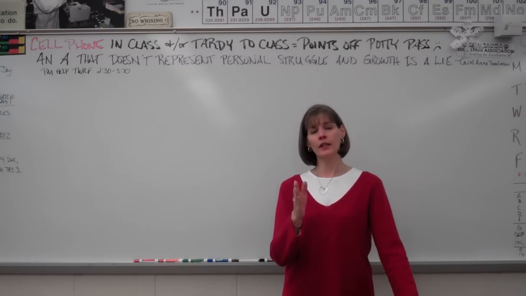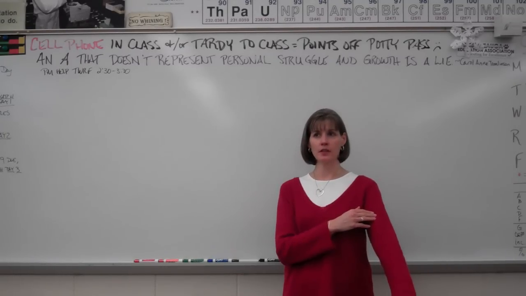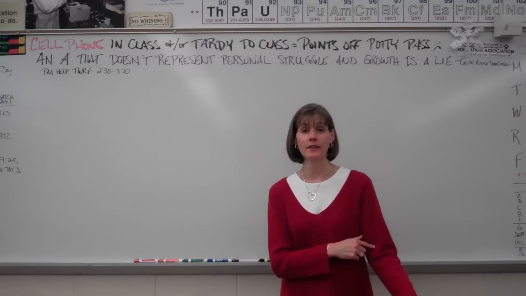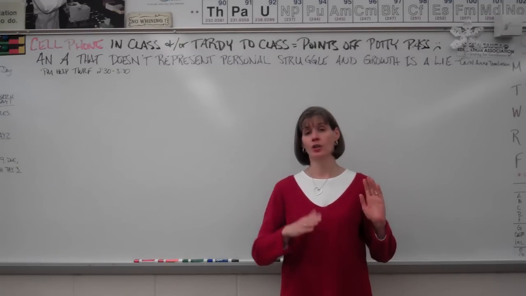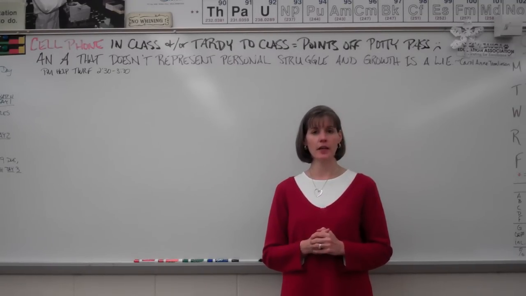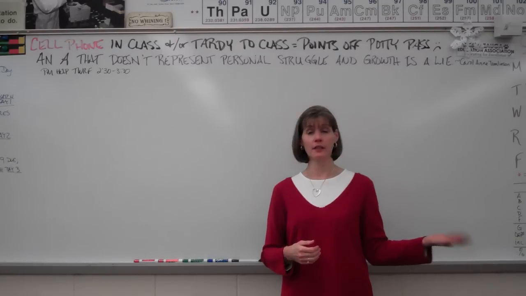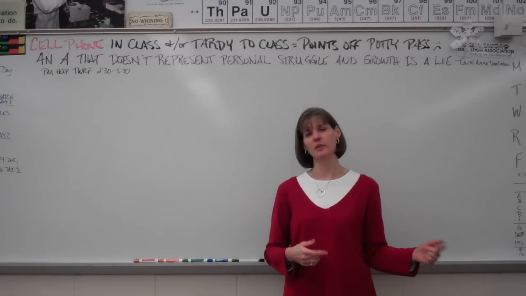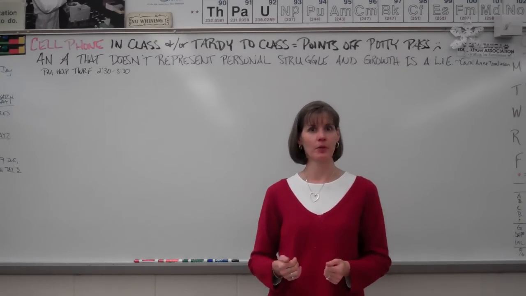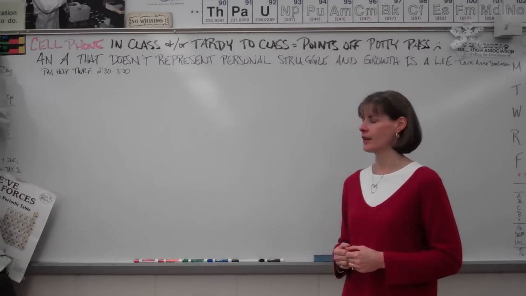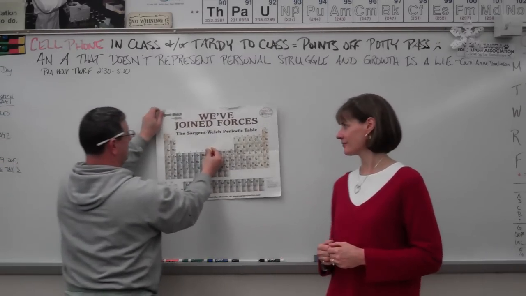So, look at how far away the element is from the closest noble gas. If it's on the metal side of the chart, it's going to lose valence electrons to get there. And if it's on the non-metal side, it's going to gain valence electrons. I'm stalling a little bit because Mr. Sustin's grabbing a periodic table for us. And here we go.